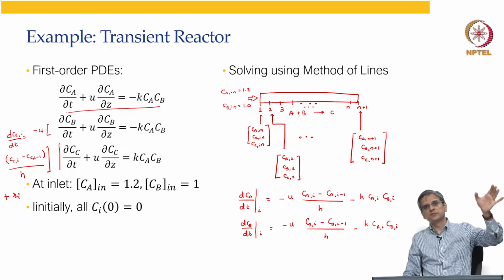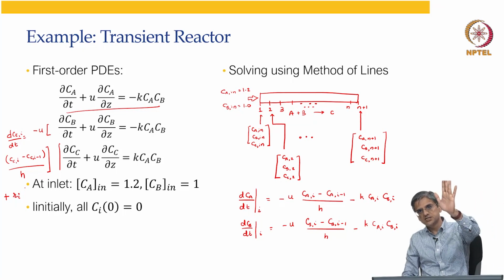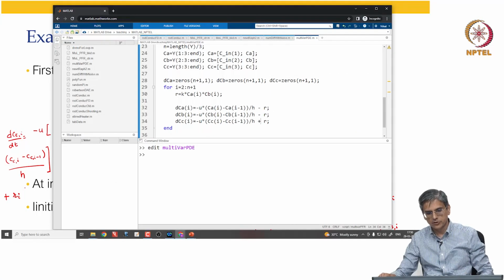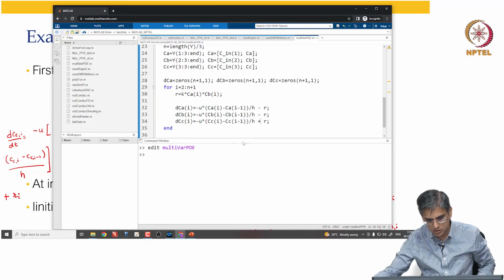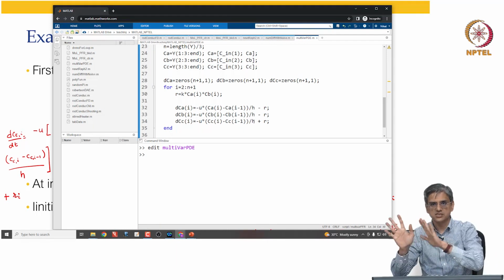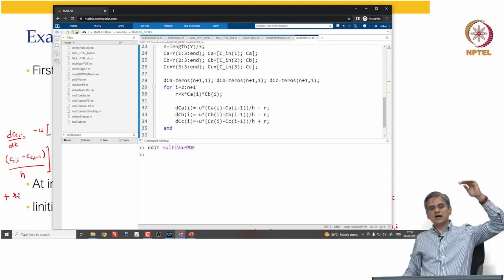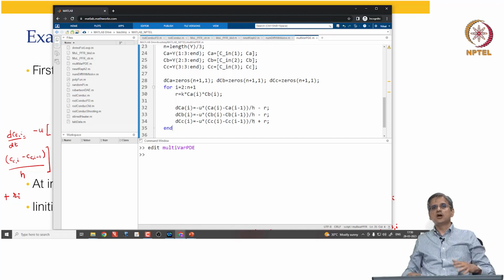So u multiplied by Cci minus Cci minus 1, the whole thing divided by h plus R. So that is what we have written. So now we have Ca, Cb, Cc, all of those calculated for these various values.